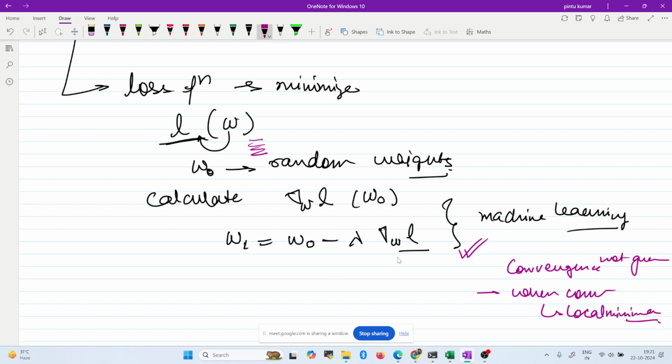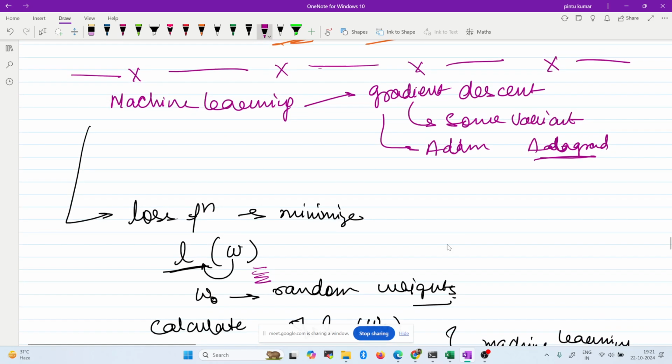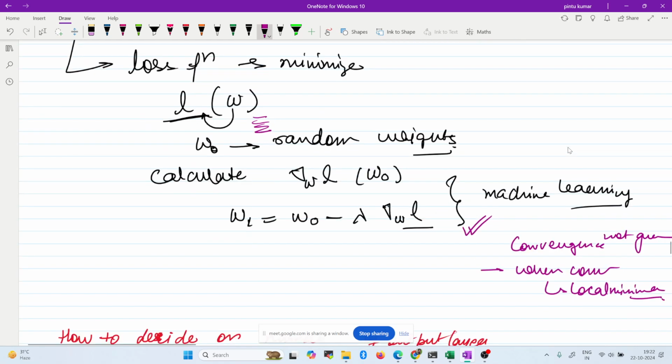Okay. So now I told you that there are some alternatives to this gradient descent method. What are those alternatives based on? They modify this rather than just using the gradient at that particular step. Some people suggested that we can use gradients from previous steps also, which can in some sense help us avoid local minima.